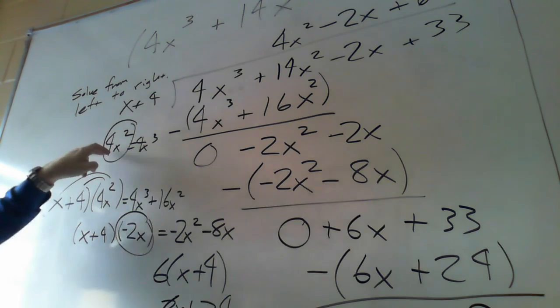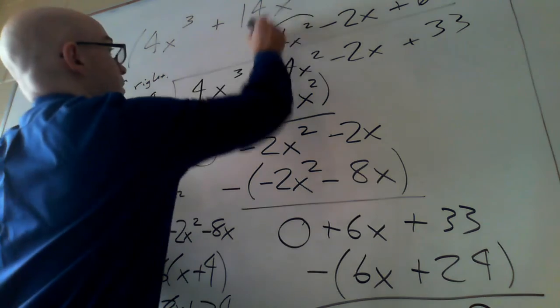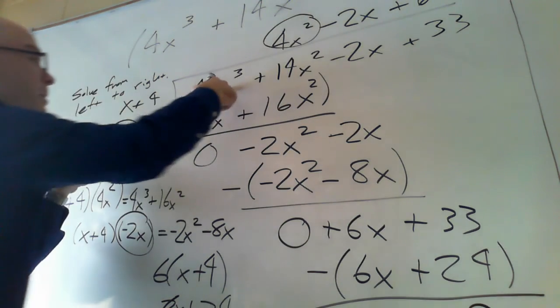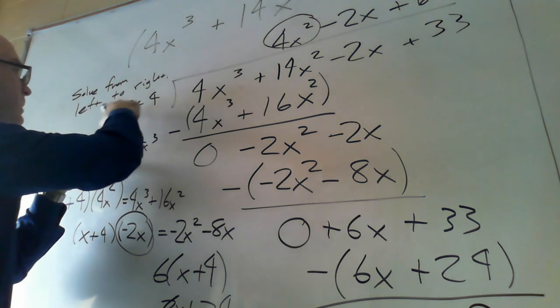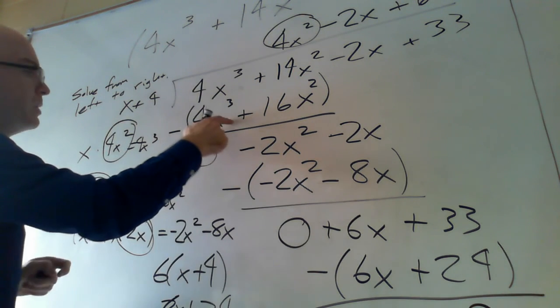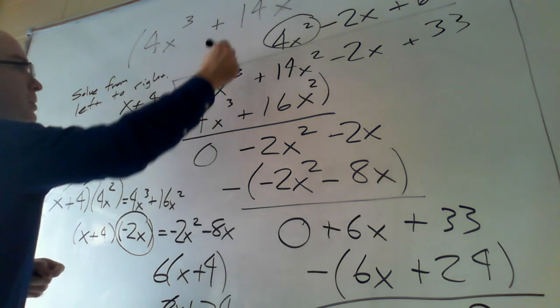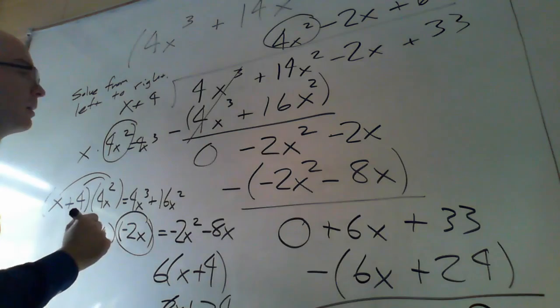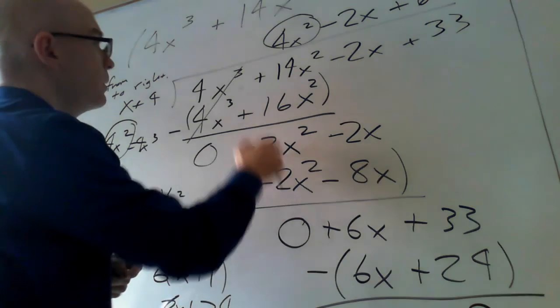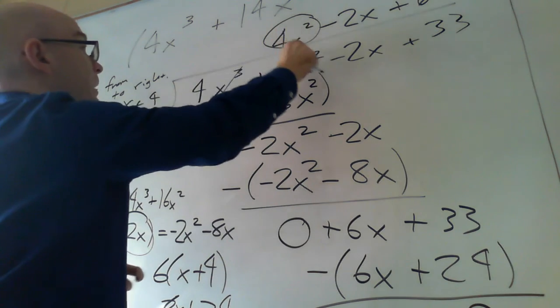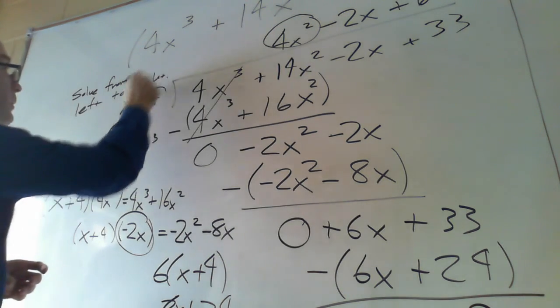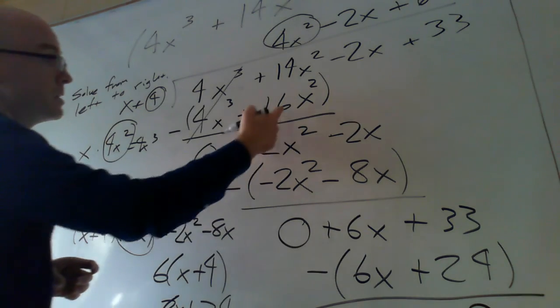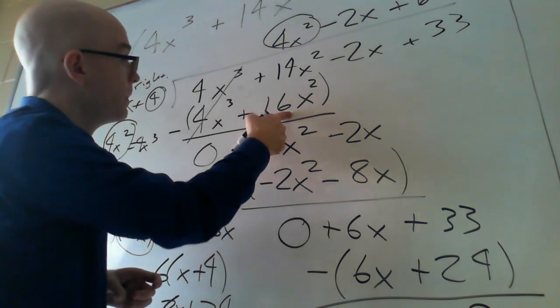We did that by multiplying by 4x squared. That's why 4x squared is there, because 4x squared times x gives you 4x cubed, which eliminates that. Similarly, we also have to multiply this 4x squared by the 4 that was here. That's where this 16x squared came from.